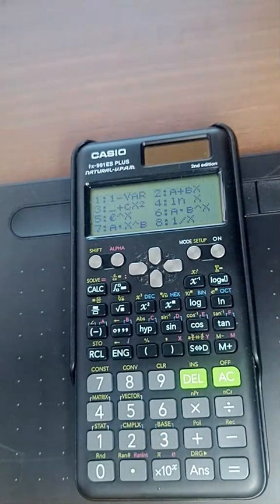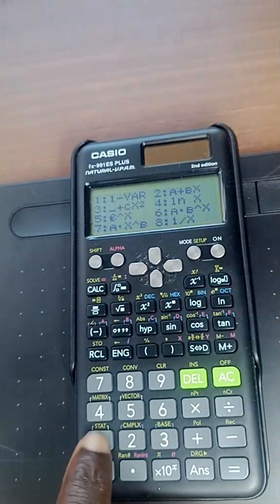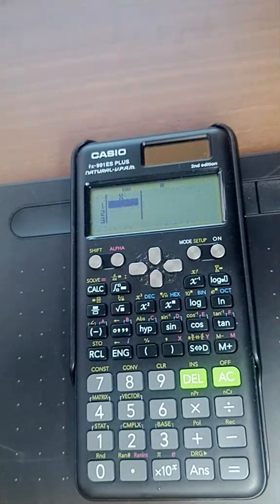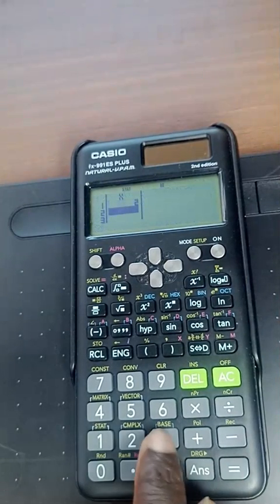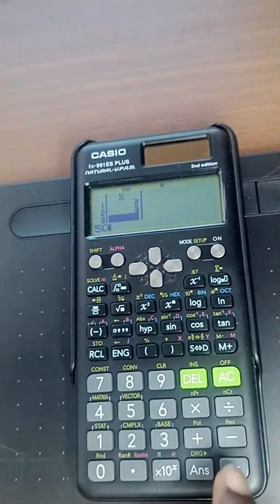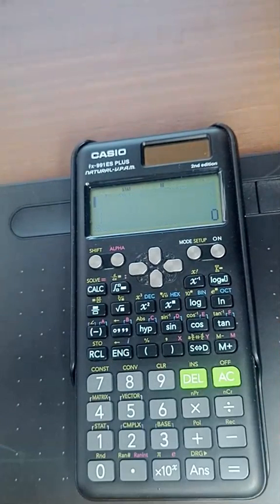Let's take, for example, number 1, you can put all the values that you want. Let's take random values like 2 equals, 3 equals, 50 equals, 60, and many values. Simply press the AC sign. The data that you already put in the calculator is already stored.